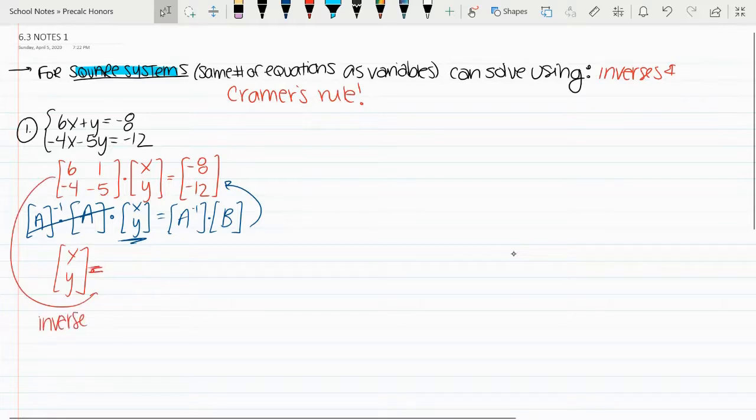To find the inverse, I can do 1 over the determinant. So 6 times -5 would be -30 minus 4 times -1, and we flip around our matrix and take the opposite signs of the other diagonal, times our matrix B.